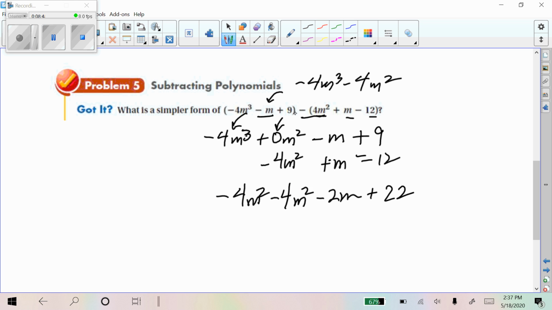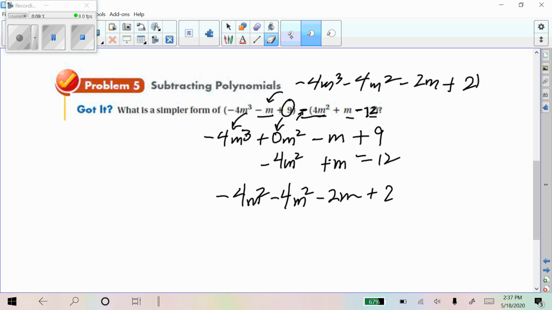And then we have a negative m here, and we're going to subtract m from that. So negative 1m minus m is negative 2m. And then we have this 9, and we're going to subtract negative 12. So subtracting a negative is adding 21. Whoops. Second mistake for today. Not doing too good. That should have been 21.